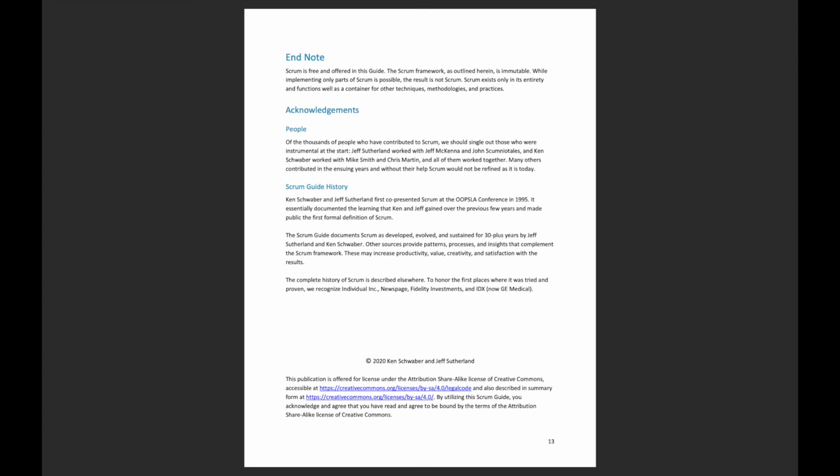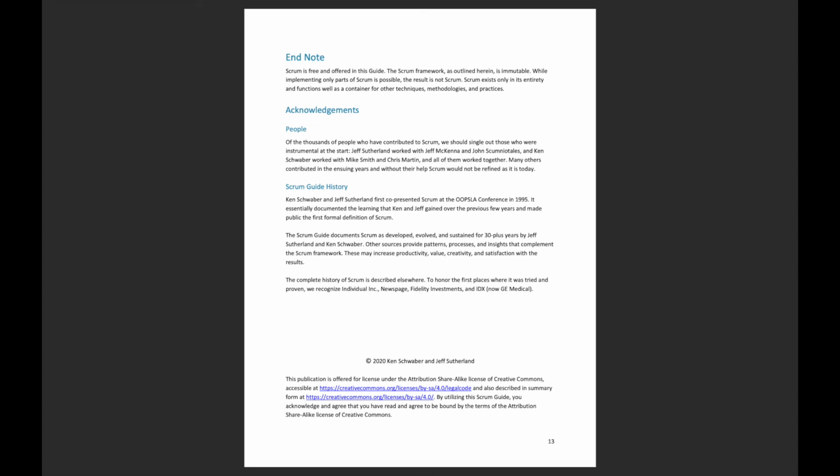Scrum Guide history. Ken Schwaber and Jeff Sutherland first co-presented Scrum at the OOPSLA conference in 1995. It essentially documented the learning that Ken and Jeff gained over the previous few years and made public the first formal definition of Scrum. The Scrum Guide documents Scrum as developed, evolved, and sustained for 30-plus years by Jeff Sutherland and Ken Schwaber.